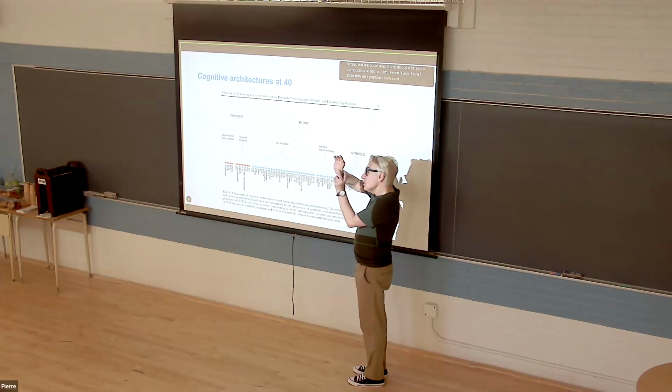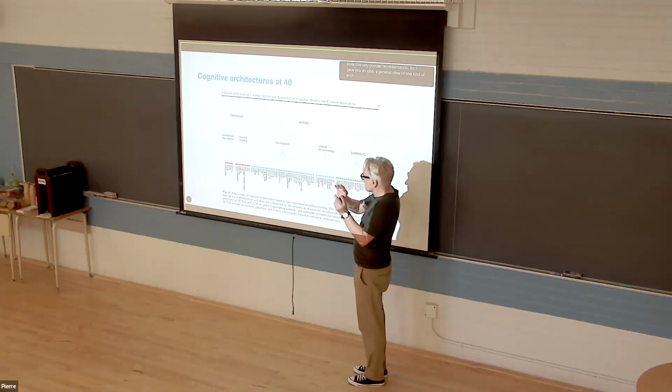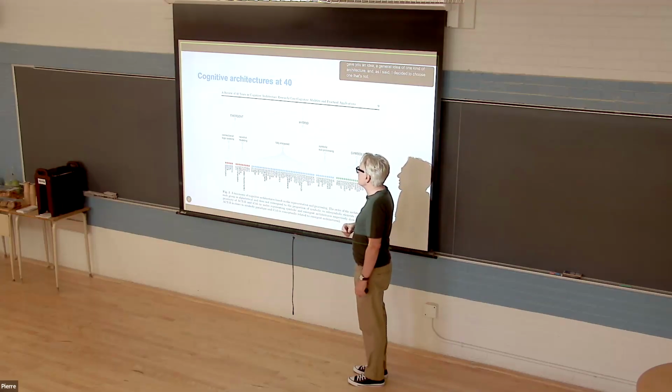So I gave you a general idea of one kind of architecture. As I said, I decided to choose one that's not generally seen as a cognitive architecture, that is not talked about so much in those terms.